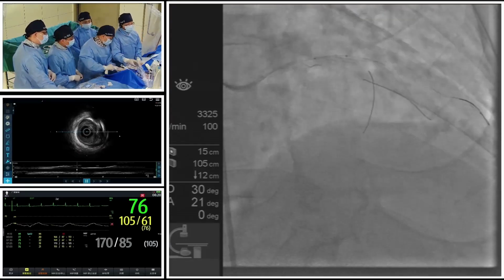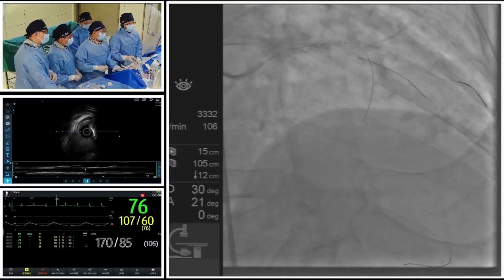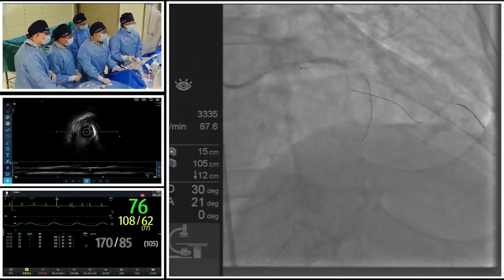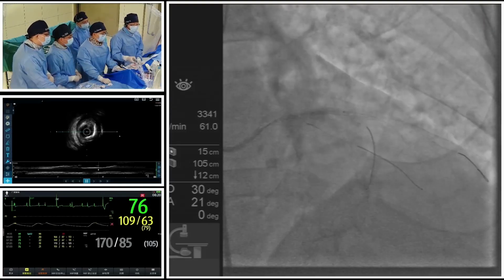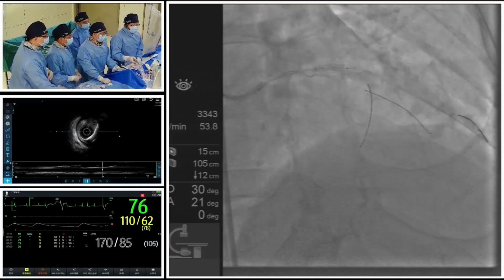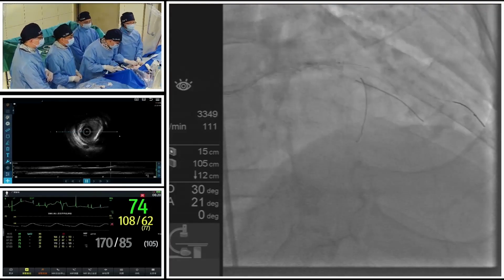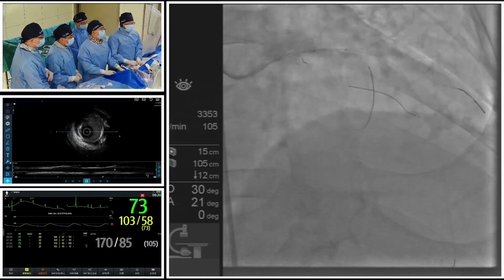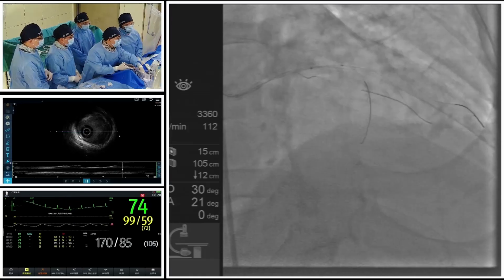It is highly recommended to use the intravascular imaging system, no matter it's OCT or IVUS, before the treatment of severely calcified lesions. Because contemporary guidelines have different recommendations about the choice, for example, for the debulking or modification strategies for the calcified plaque.